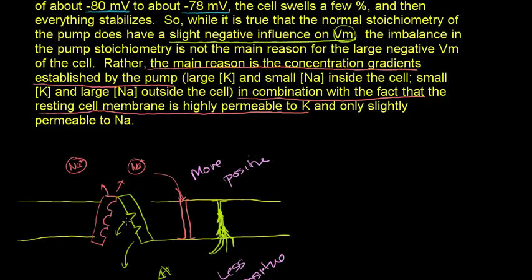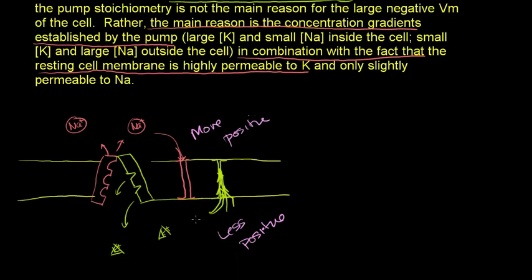So what happens, even if this was a 2-to-2 ratio, it's actually a 3-to-2, but even if this was a 2-to-2 ratio, even though this environment is more positive, you're just more likely to have potassium ions down here bump in just the right way to get across and get to the other side, go against its electrical pull, right? Because you have a higher concentration of potassium here than over here.